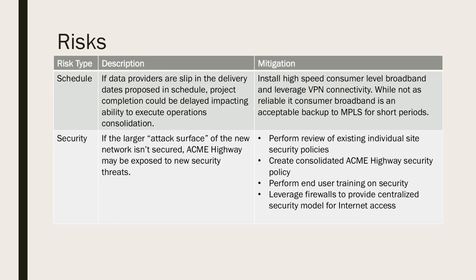It's high speed and gives us similar speeds to what we expect in our MPLS network, but it's not quite as reliable, so we couldn't reliably have video conferencing calls. It's very similar to if you've ever used voice over IP over the internet, like a Vonage service. Some days it's great and other days not so much. That would be the experience we'd have, and we'd have to use this mitigation.